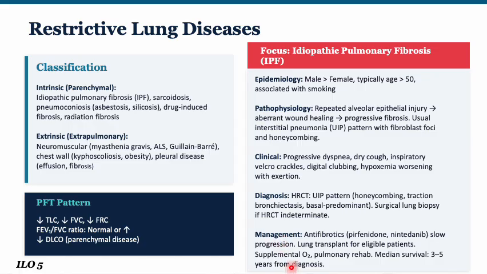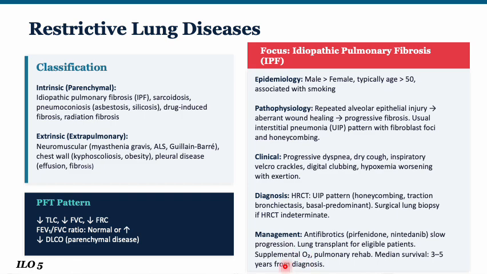Management is with antifibrotics to help slow the progression, but this is a tough diagnosis to give to your patients because a lot of them will end up on the heart and lung transplant list.